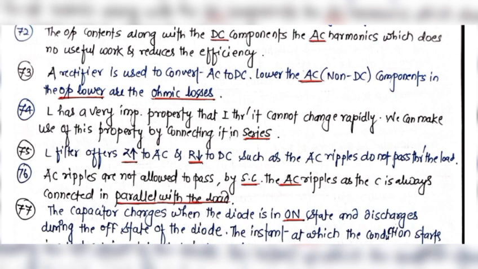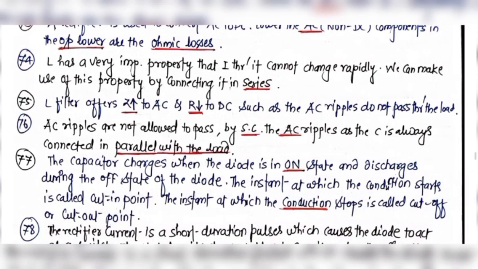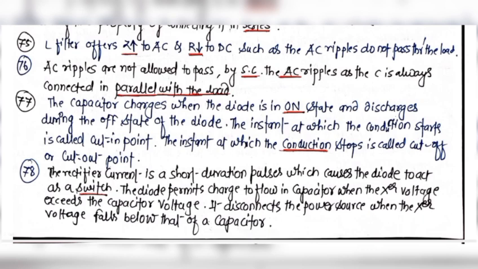By short circuiting the AC ripples, as the capacitor is always connected in parallel with the load, the capacitor charges when the diode is in the on state and discharges during the off state of the diode.